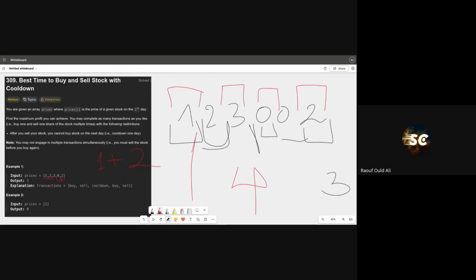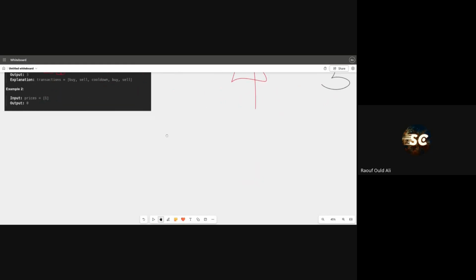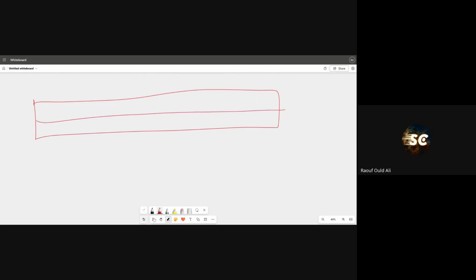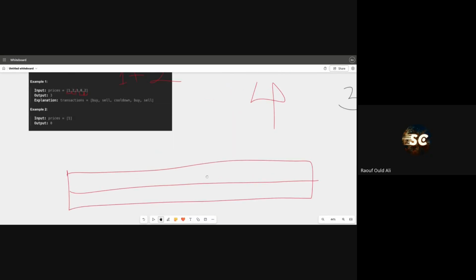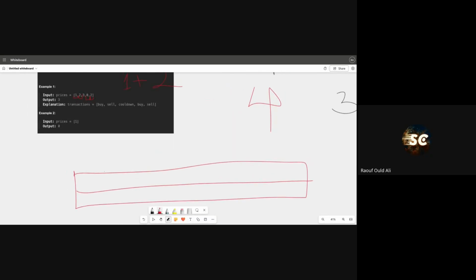So, we will define a 2D array. Here we will have the time t, which makes sense, which has to be in the DP array.